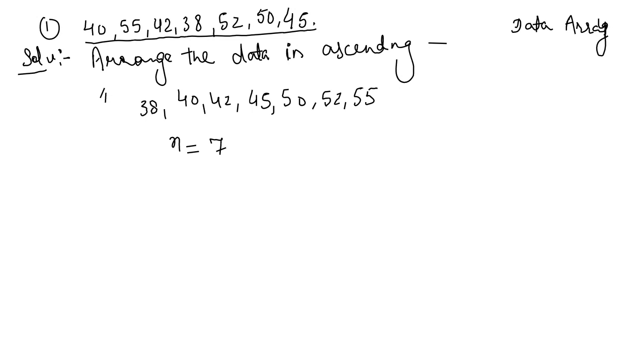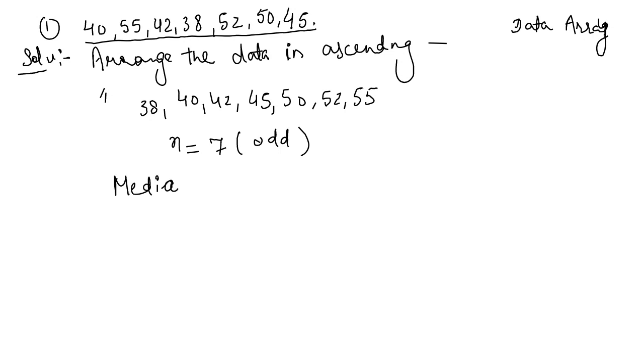So here what is n? N is 7. The number of items given is odd. So now use the formula that we have written for odd numbers.